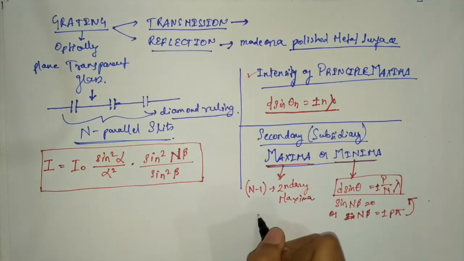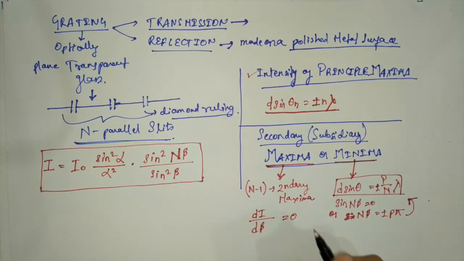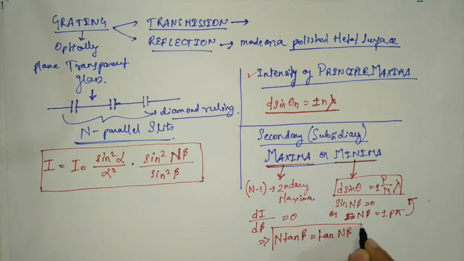Therefore, the condition must be dI/dβ = 0. So if we differentiate, we will get N tan β = tan Nβ. So this will be the condition for secondary maxima.